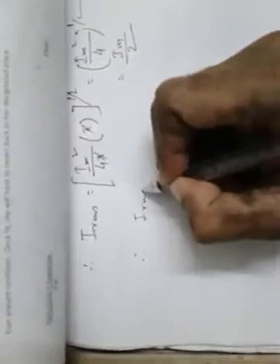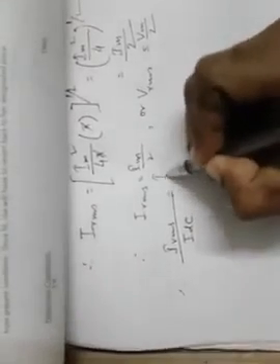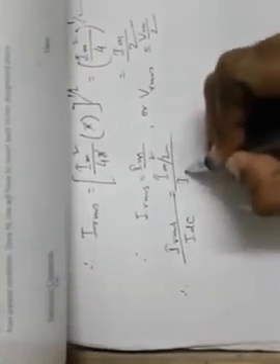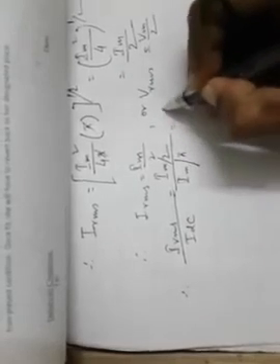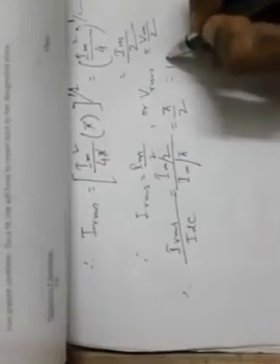This pi cancels out, Im square by 4 whole to the power half, which means it is Im by 2. So IRMS is Im by 2 and therefore VRMS is Vm by 2. Therefore IRMS by IDC we need to find: just substitute Im by 2 and Im by pi. So this is pi by 2, or 1.57.